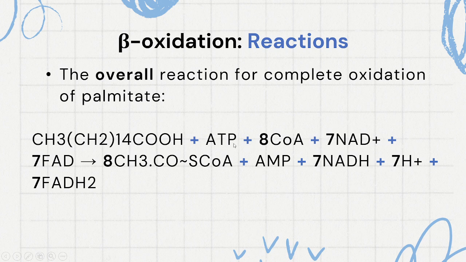We need NAD and FAD as coenzymes for the dehydrogenase enzymes. The products are 8 acetyl-CoAs, AMP plus PPi, 7 NADH plus 7 H plus, and 7 FADH2.